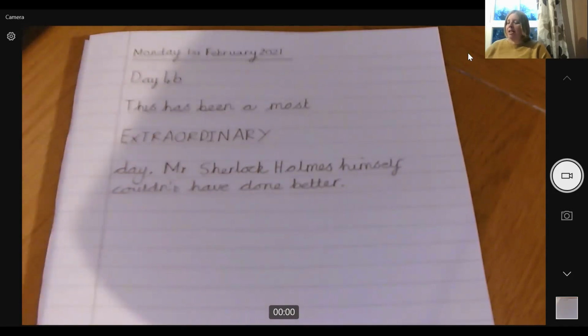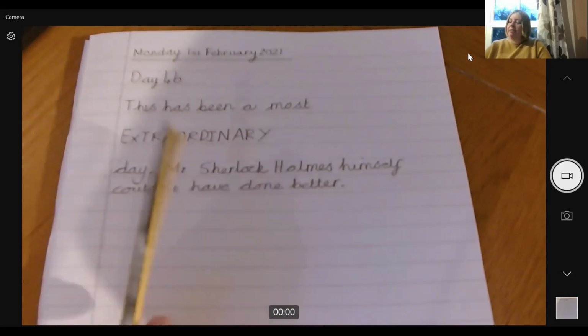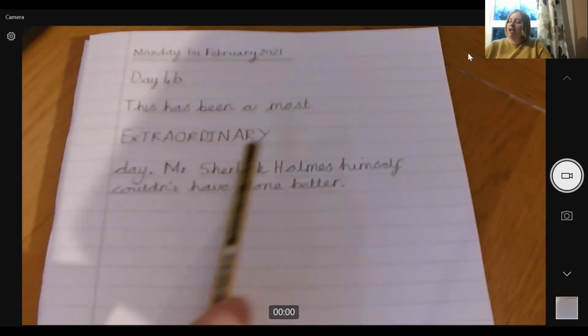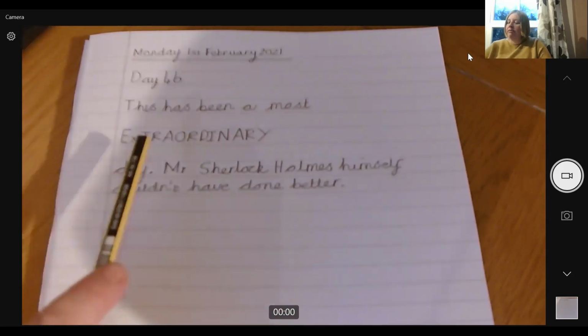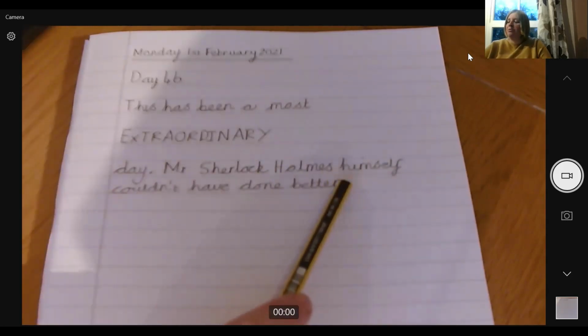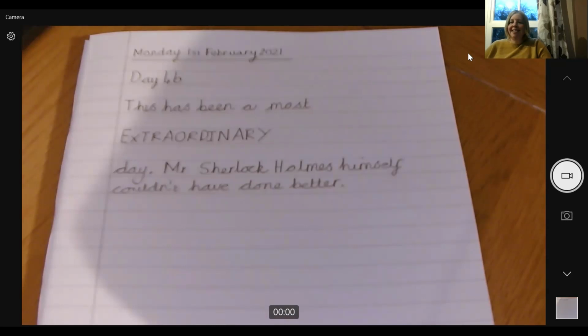I've got my capital letters for starting a sentence and also for names, Mr. Sherlock Holmes. And I've remembered my full stops to end the sentence. So you're going to need to think about what punctuation you would need to end the sentence.